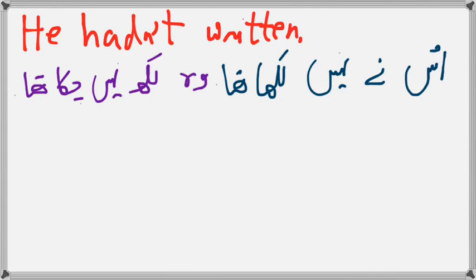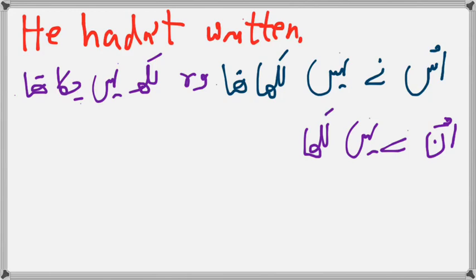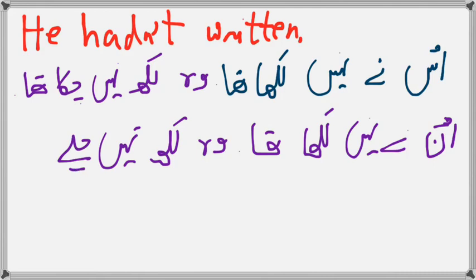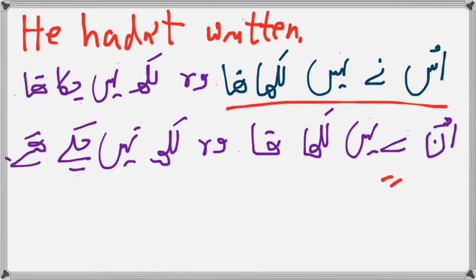And when we want to show some respect, then we can say उन ने नहीं लिखा था और वो लिख नहीं चुके थे. Female version would be, when we want to say like this, then it would be same. उसने नहीं लिखा था.